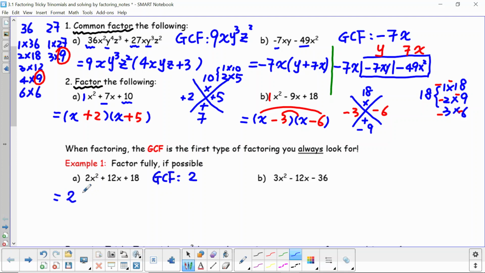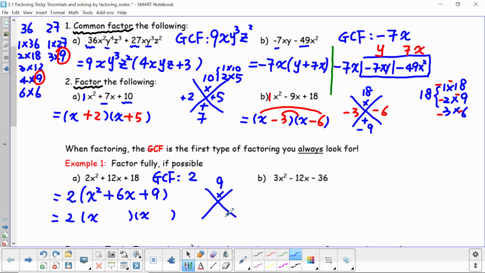Then we can take 2 times x squared, each term divided by 2: 12 divided by 2 gives 6x, 18 divided by 2 gives plus 9. Then we continue, you have the simple trinomial, 3 terms. We use the x game, times together 9, add together 6.